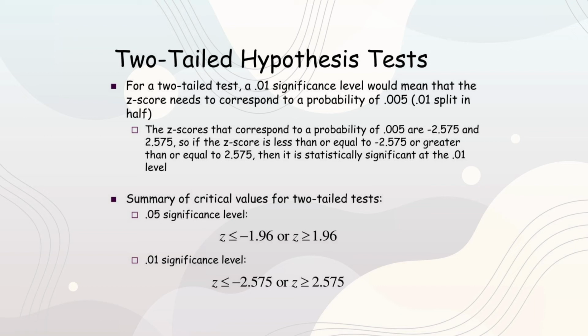So if the Z score is less than or equal to -2.575 or greater than or equal to 2.575, then it is statistically significant at the 0.01 level. So the summary of critical values of a two-tailed test: at the 0.05 significance level, Z is less than or equal to -1.96 or Z is greater than or equal to 1.96. On the other hand, at the 0.01 significance level, Z is less than or equal to -2.575 or Z is greater than or equal to 2.575.